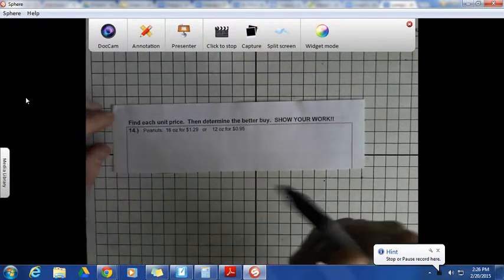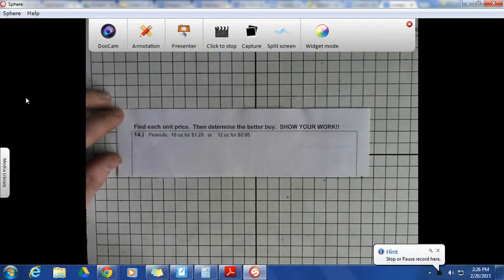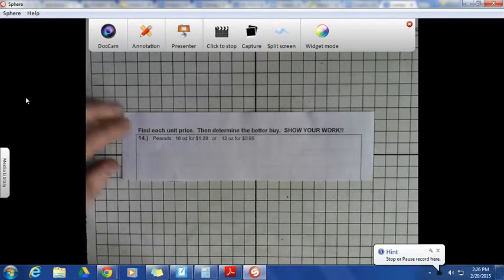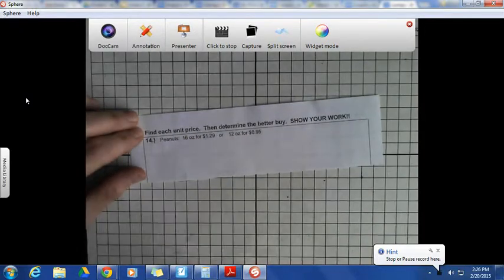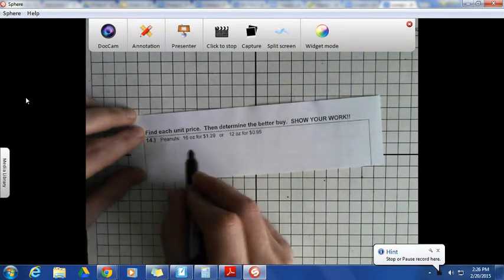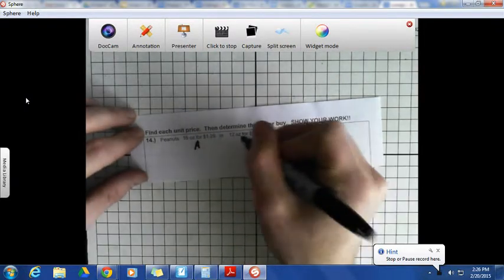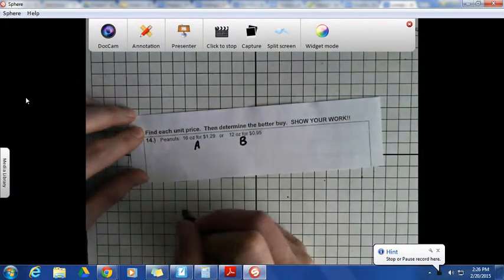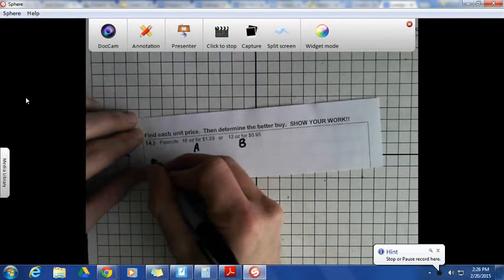Okay, so let's find the unit rate of each. There are a couple of different ways to do unit rate, but the way I'm going to show you is by using proportion. So let's set that up. We're going to have two different proportions to set up. The first one is for this brand of peanuts, and we'll call this brand A and brand B. For brand A, we have 16 ounces.